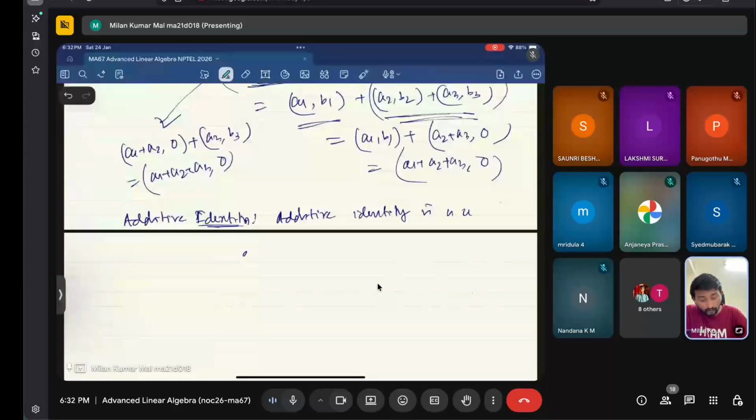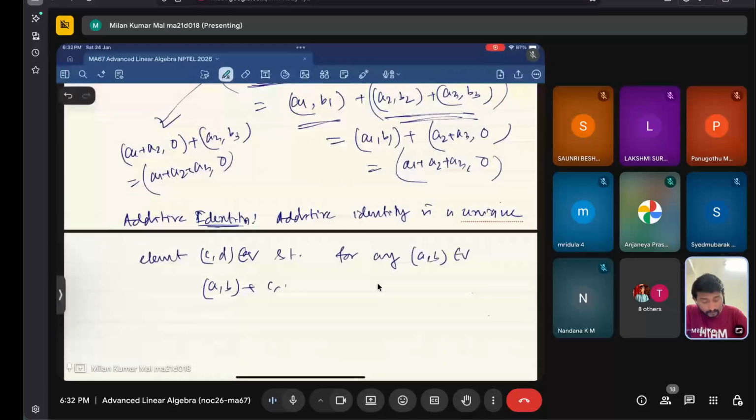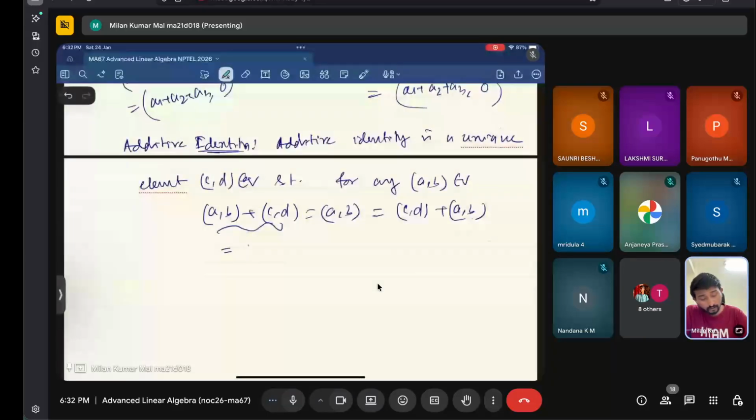But by the property of addition, this means (a plus c, 0) and this means (c plus a, 0), which is the same as (a plus c, 0). Now the question is, if these two equal (a, b), what should we have?